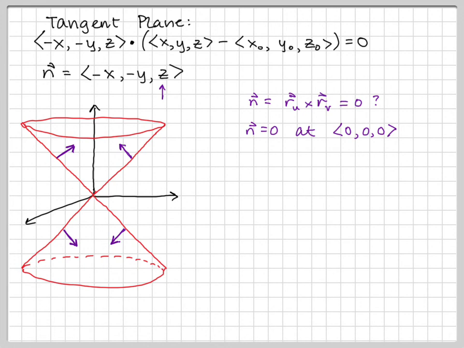So we're saying the surface is smooth. Remember, that's what we were talking about. A surface is smooth if these 2 derivative vectors are linearly independent. This surface is smooth as long as the normal vector is not 0, so as long as we are not at the point 0, 0, 0. This point at 0, 0, 0 is called a singularity.